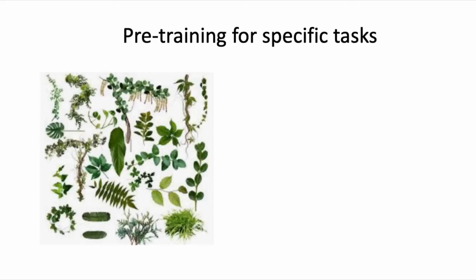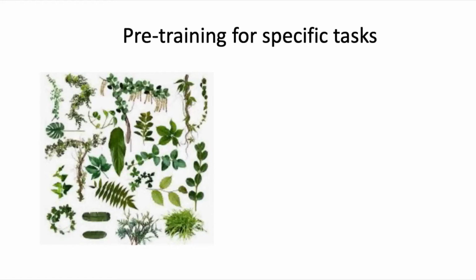Instead, we have something more like 7,000 labeled examples of 60 different types of foliage. 7,000 examples for 60 categories is usually not enough to train an image recognition model from scratch. So the way we handle this is with pre-training.